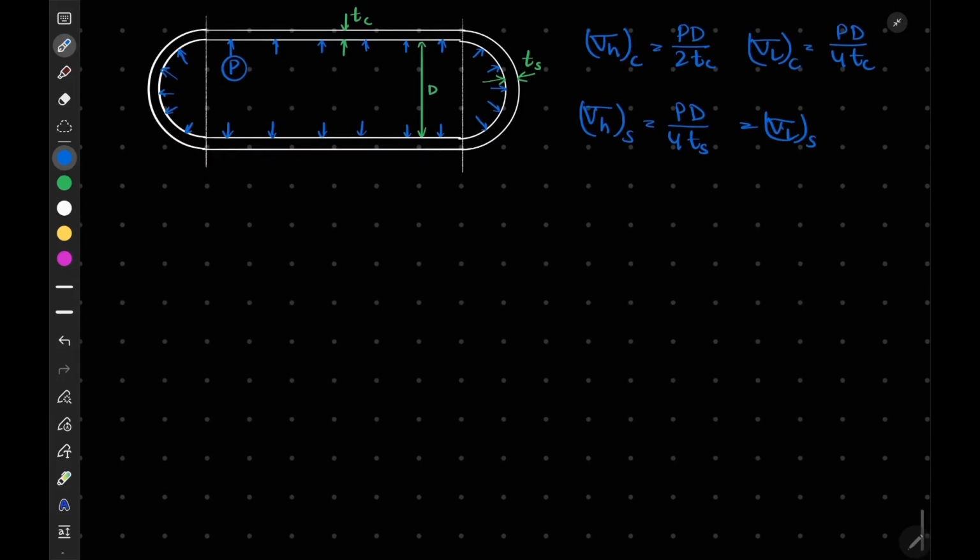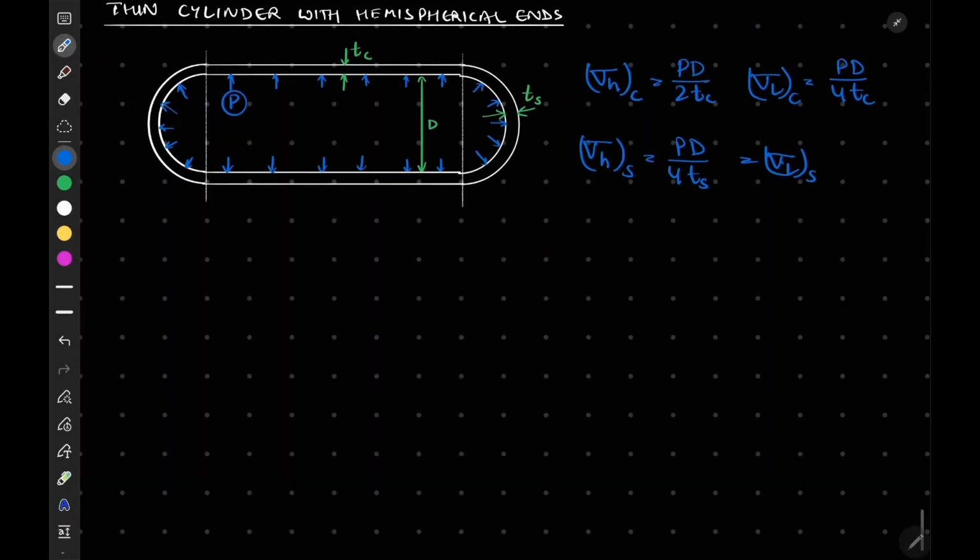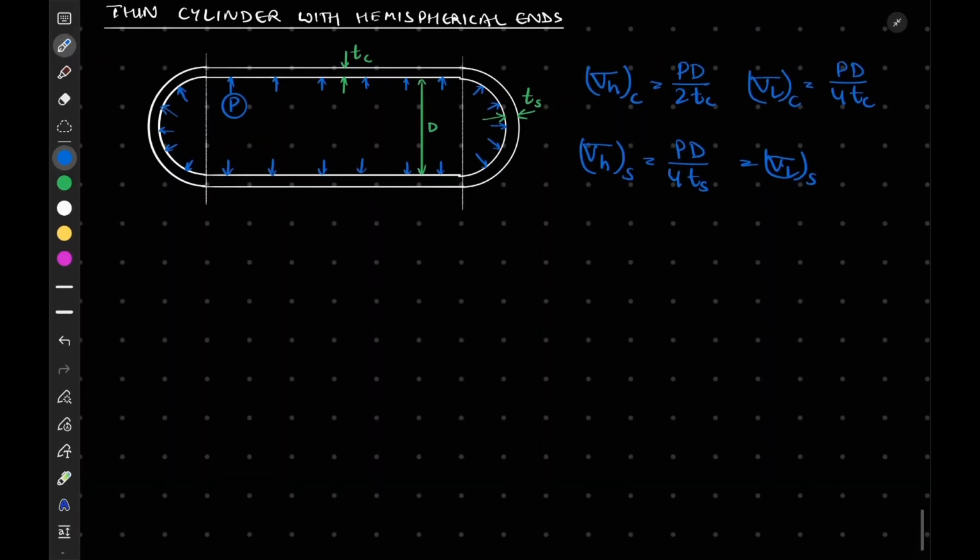Now the design of this type of pressure vessel can be done in two ways.